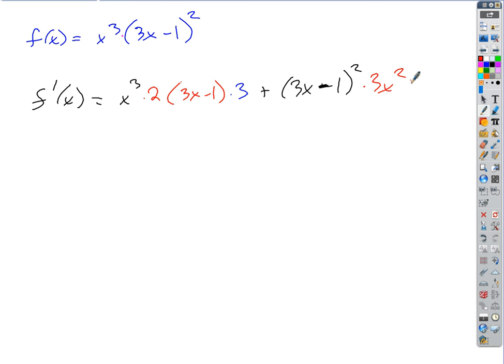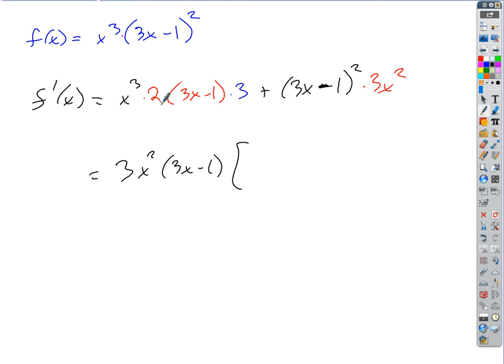Okay, do you see why we were doing all this stuff? Look, we've got a bunch of stuff to factor out and clean up. What can we factor out? Well, what's the biggest number I can take out? 3, it looks like. Take a 3. I've got powers of x, that's one base. What can I factor out? X squared. I've got powers of 3x minus 1. What's left behind? If I'm dividing this term by all this stuff, I can cancel 3's.